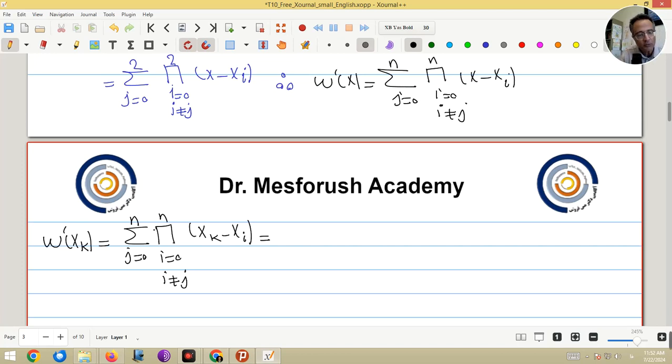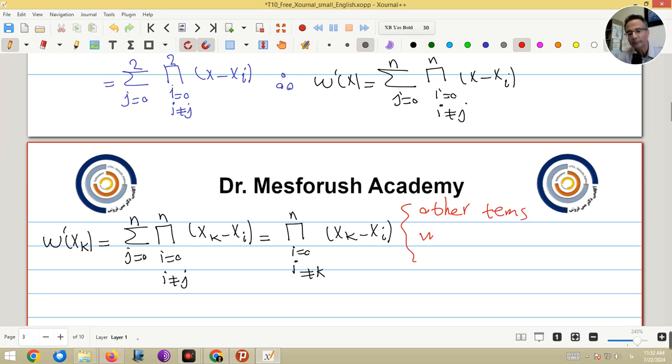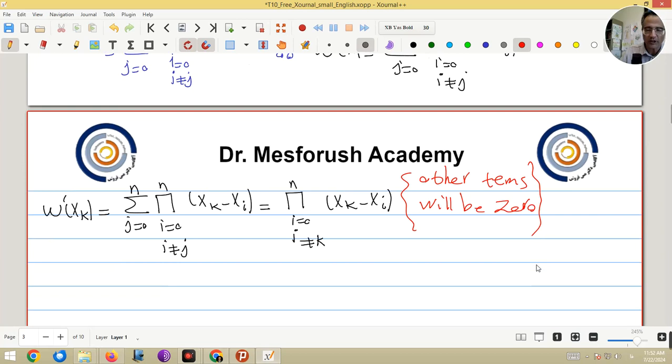If j is equal to k, this will be equal to the product over i from 0 to n, i not equal to k, of xk minus xi. Let me note something: other terms will be 0. You can check it.